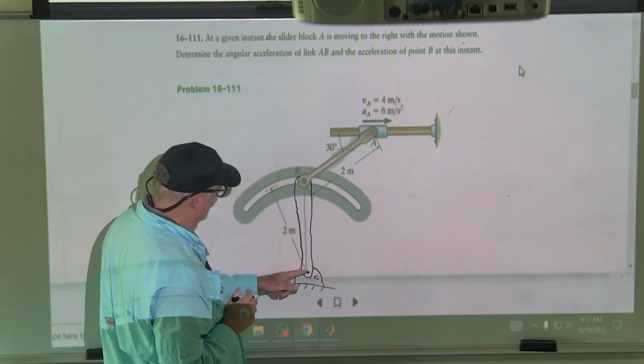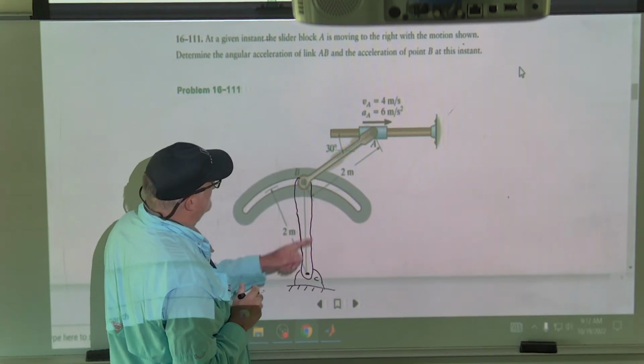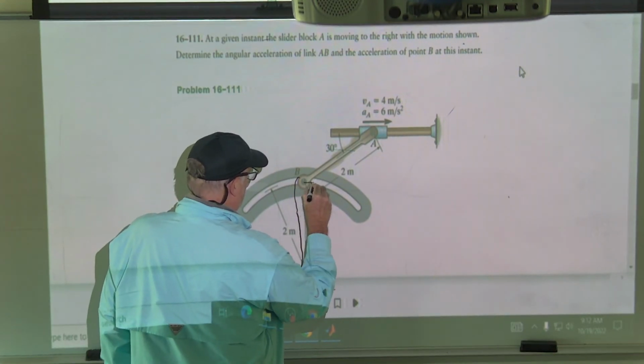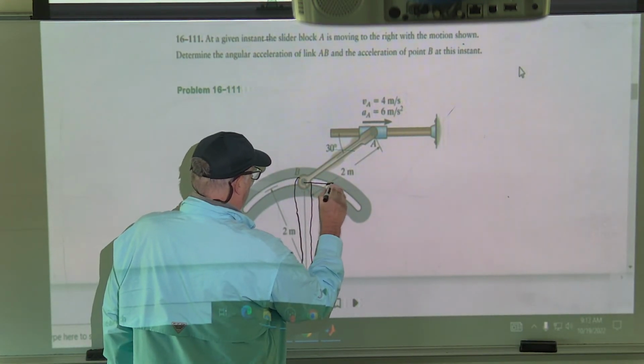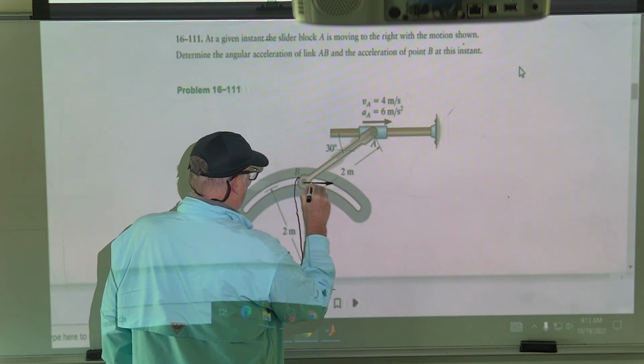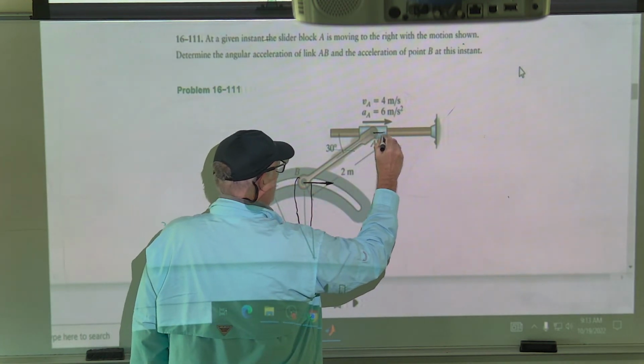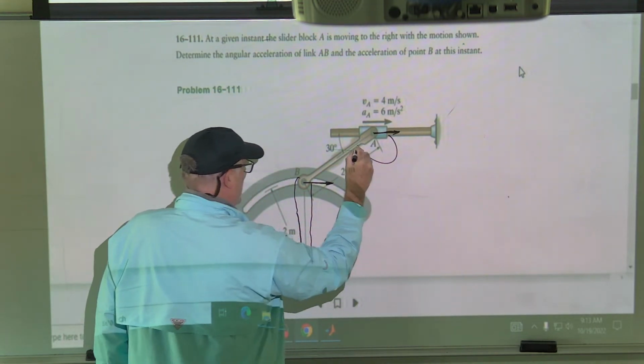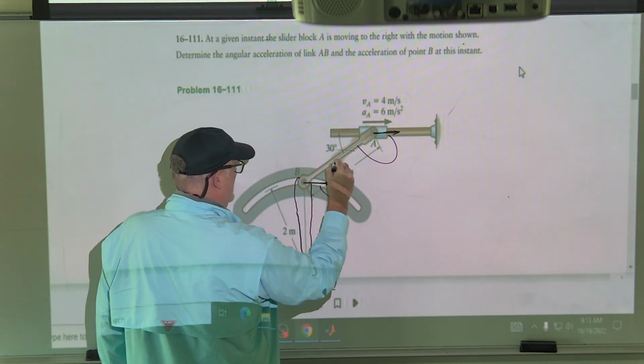Since he says that's going that way, I'm going to assume that this is going this way. Now, as it turns out, this has to go this way. So now, this velocity is on that link, and this velocity is on that same link.